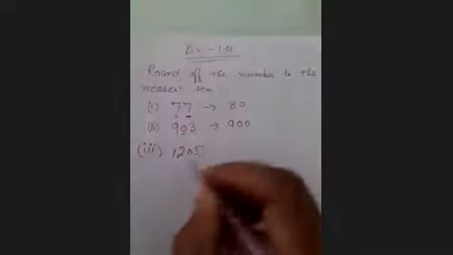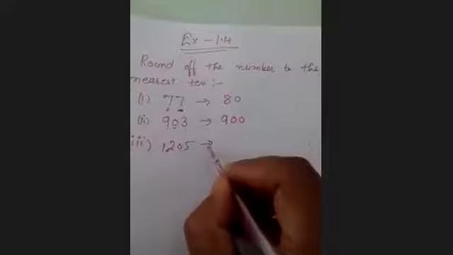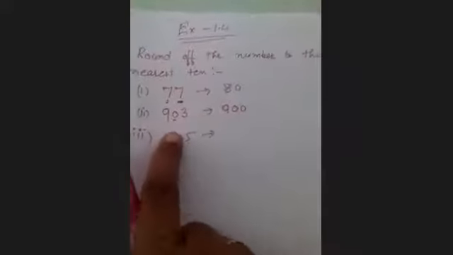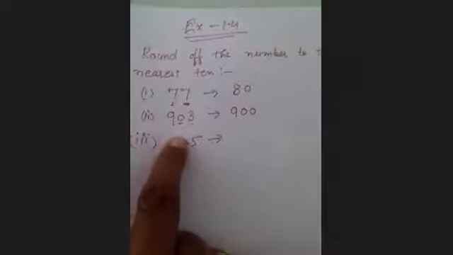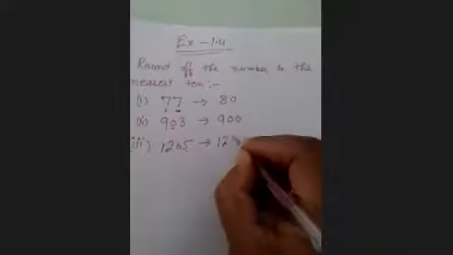Next is the third part, 1205. Now ones, tens. Put your finger at 0 and the next number is 5. So the nearest value will be 1210.